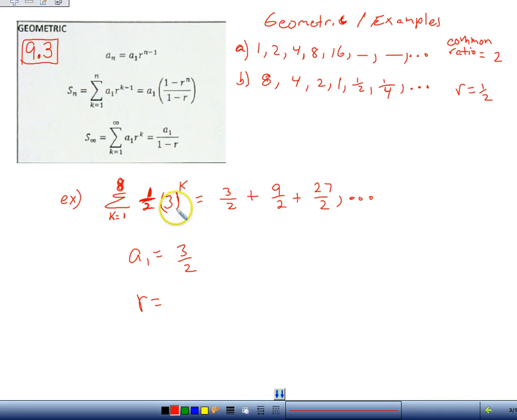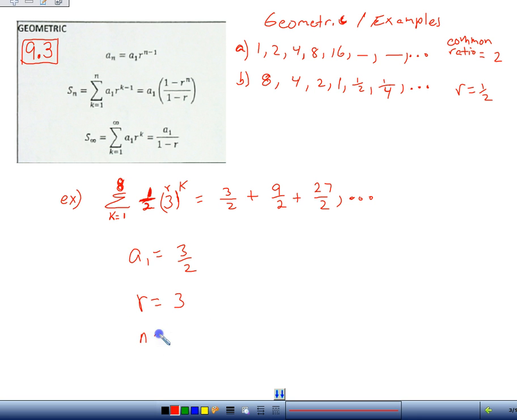And actually, if I take a look at the parentheses here, that tells me what r is. r is the number inside the parentheses, 3, and we can see it right here. r is the base. Okay, so that's a quick way of figuring out what r is. r is 3 in this particular case.